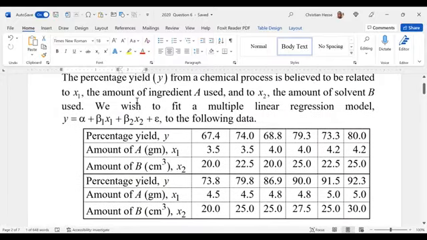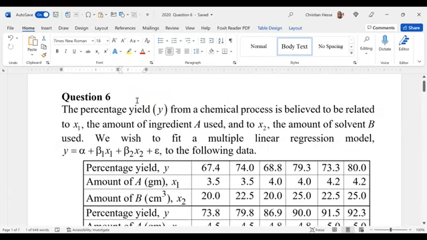What is our dependent variable from the question? The percentage yield. That's Y. And we have two independent variables that are predicting percentage yield, which are what? X1, we denote the amount of ingredient A, and X2, the amount of solvent B. Have you seen it?